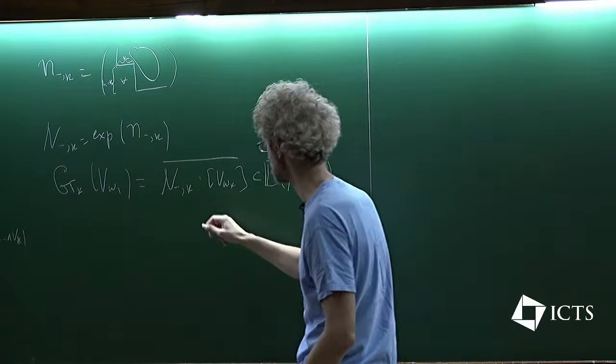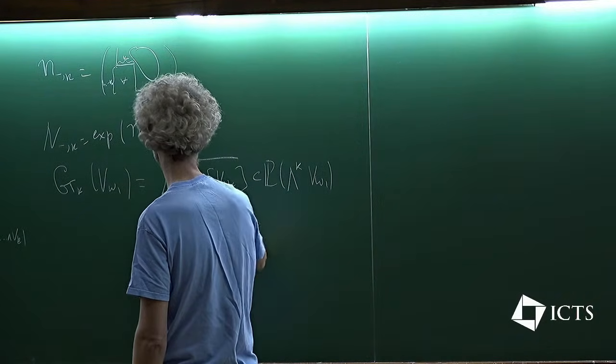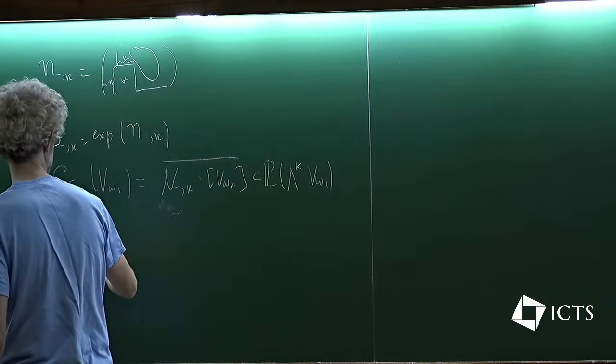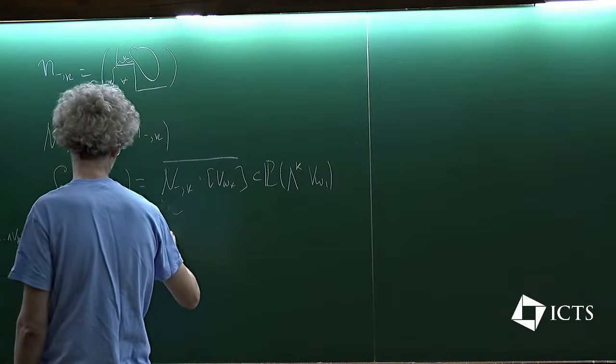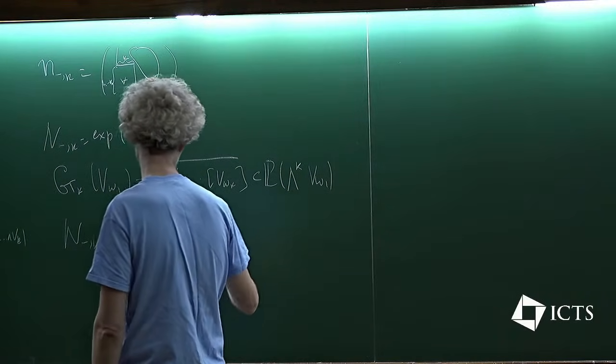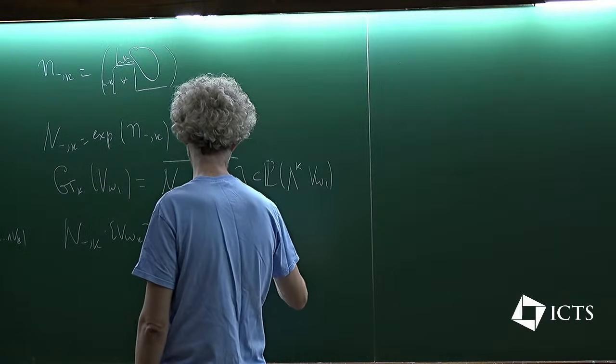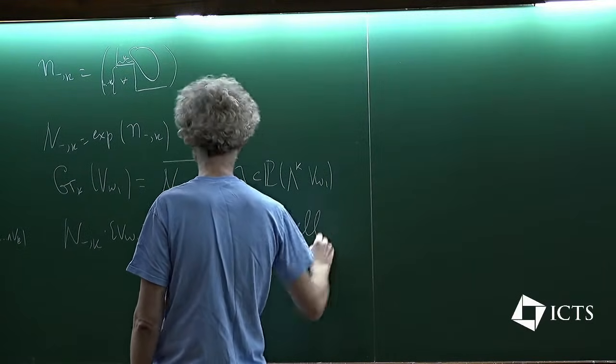So actually, this is what is called, without the closure, the orbit itself, V omega k is an open Schubert cell in the Grassmannian.